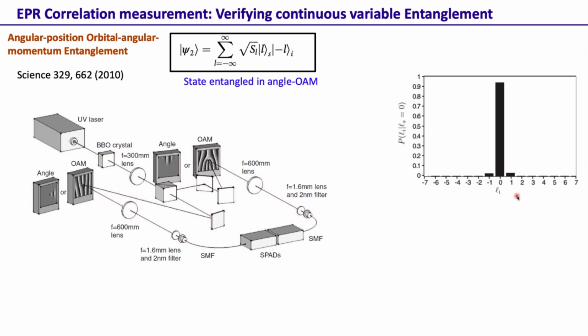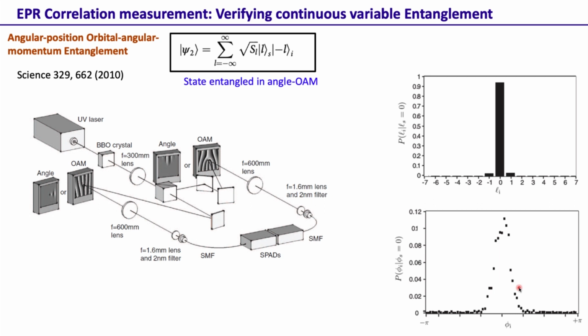So here is the experimental result when the signal is fixed at l equal to 0. Of course, when the signal is at l equal to 0, the idler has almost all the probability of being detected at l equal to 0, but there is a tiny probability that it can also be detected at plus or minus 1 and so on. So this was for the l.